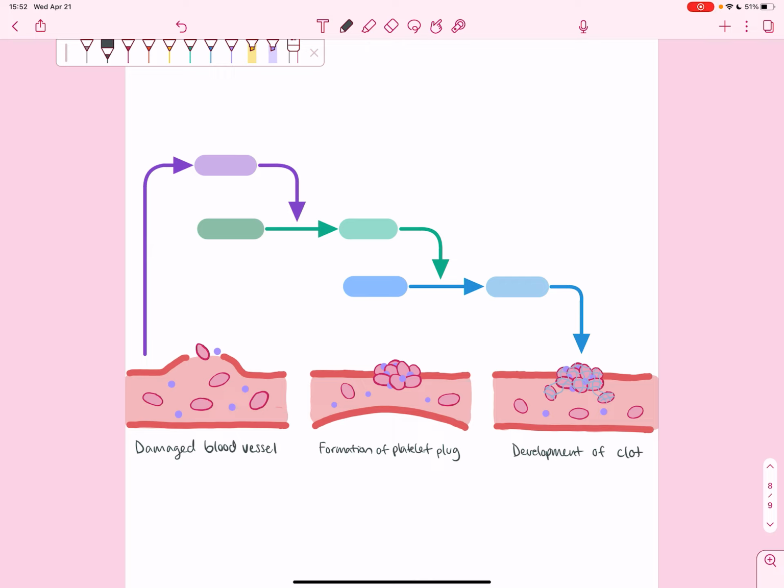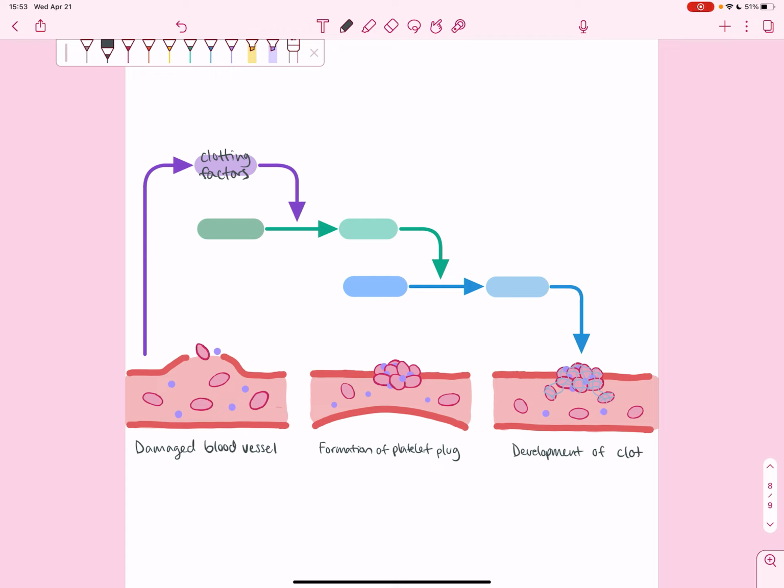So clotting factors. And then clotting factors stimulate a change, it initiates prothrombin.